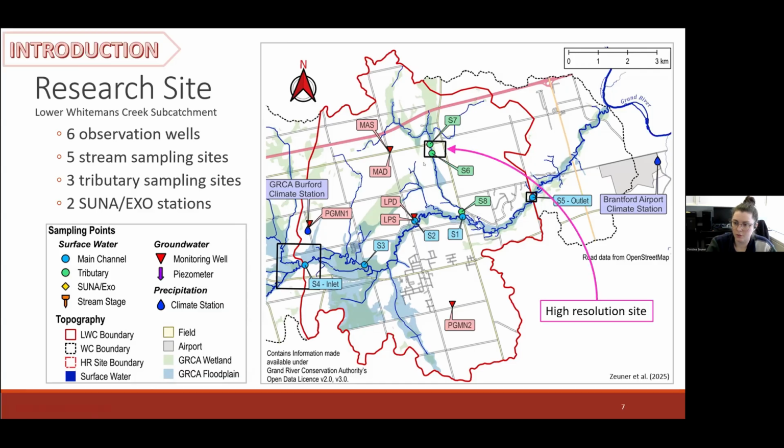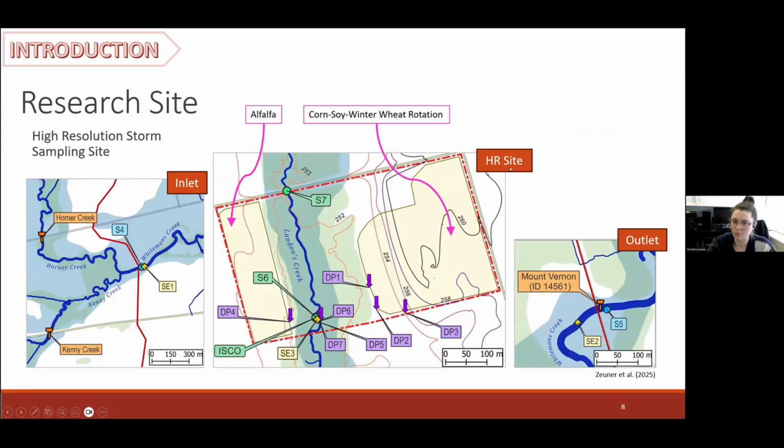For our sampling setup, a bit more, this is what we call our high resolution site here, and this is our inlet and outlet. In the center here is the high resolution site. We've got 2 different fields on either side of Landon's Creek, this small tributary.